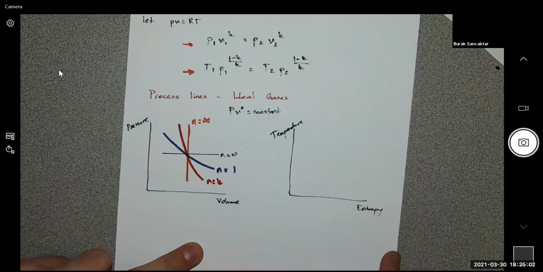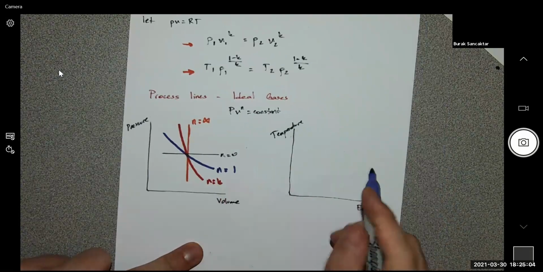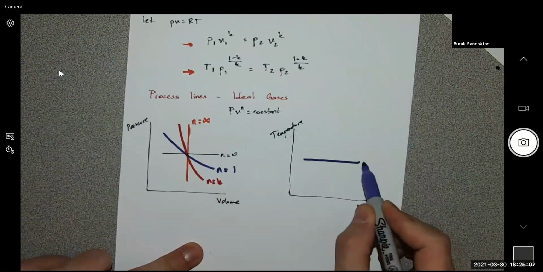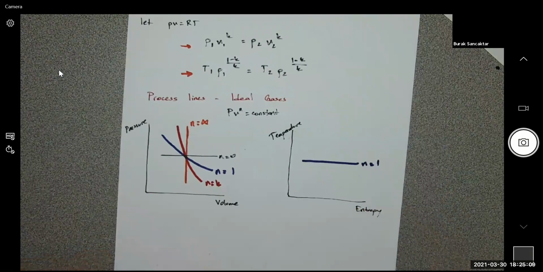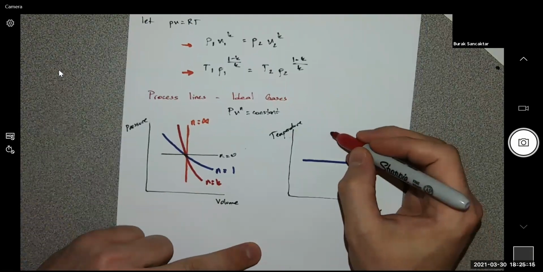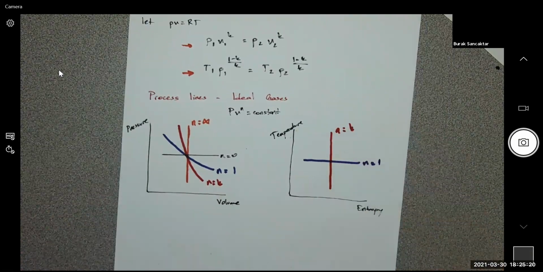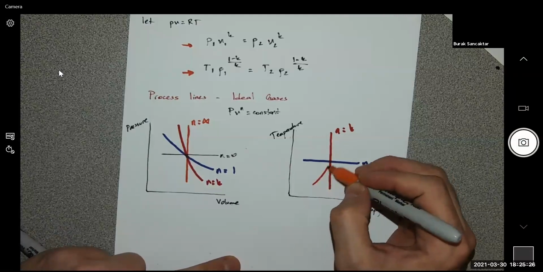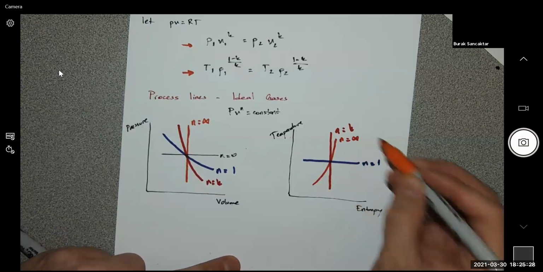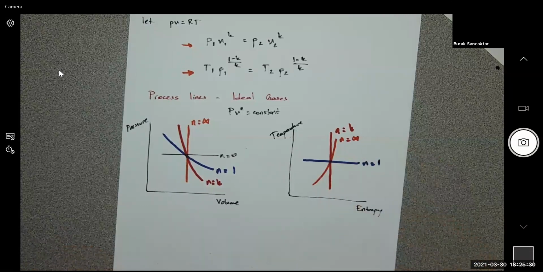And on the TS diagram, n equals 1, isothermal. N equals k, isentropic. N equals infinity, and n equals 0.